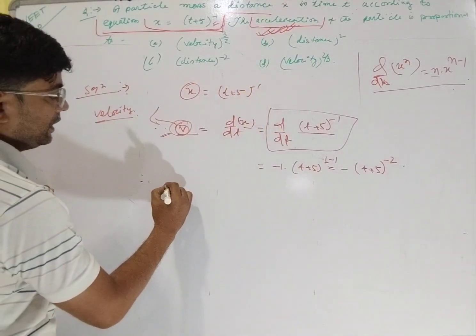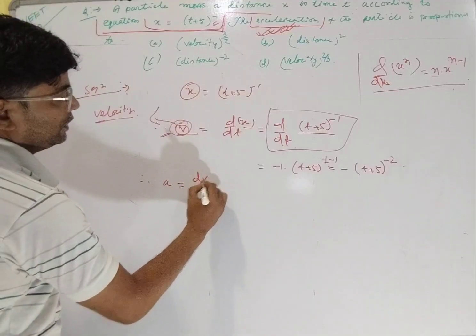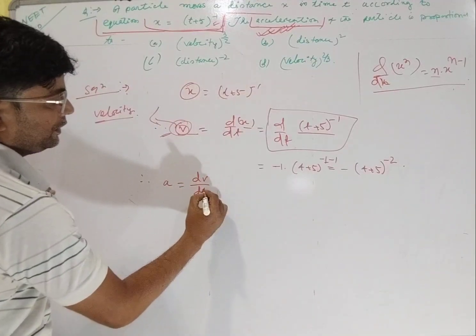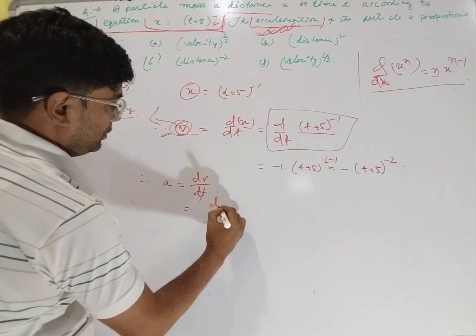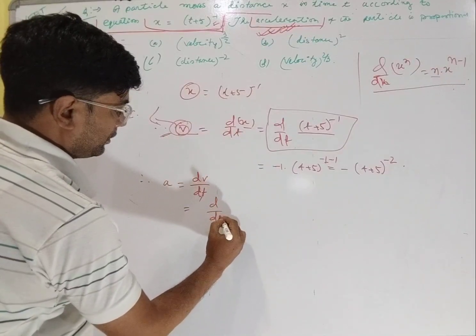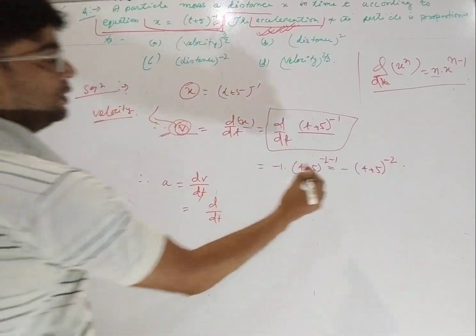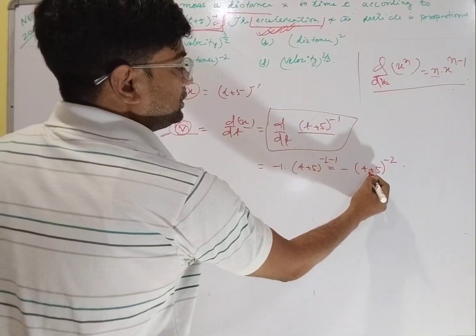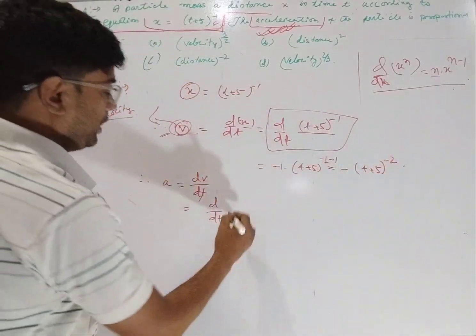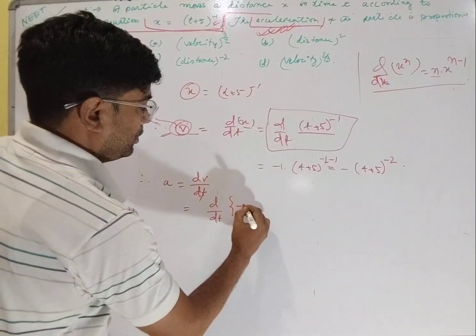Therefore, acceleration a is equal to dv by dt, where v is equal to minus (t + 5) to the power minus 2.